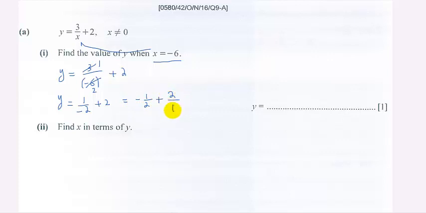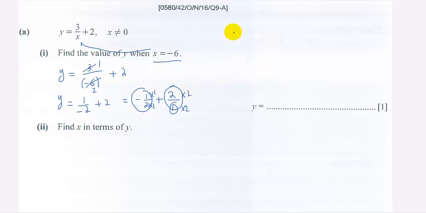You can put 1 here. We have two fractions, and the denominators must be the same. So we multiply this 2 by 2 here and here.